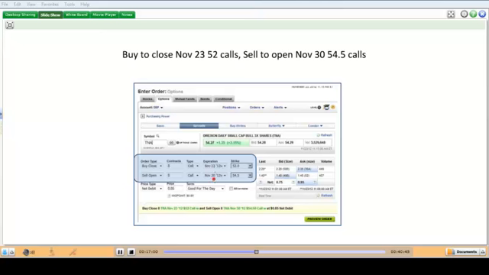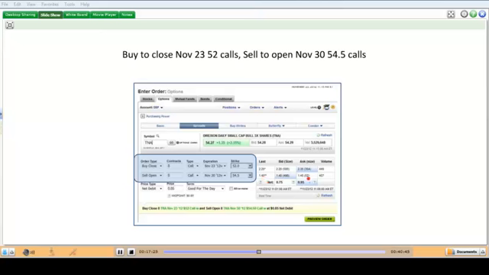So I'm rolling over my options each week, and this is just an example of an actual order I use. You can see the bid and the ask for the new option, the November 30th, that expires in 2 days. The bid price was 140, and the ask price was 145.